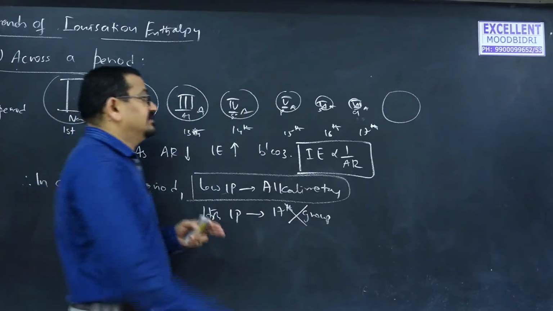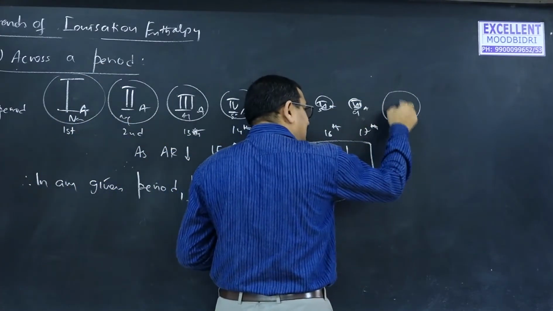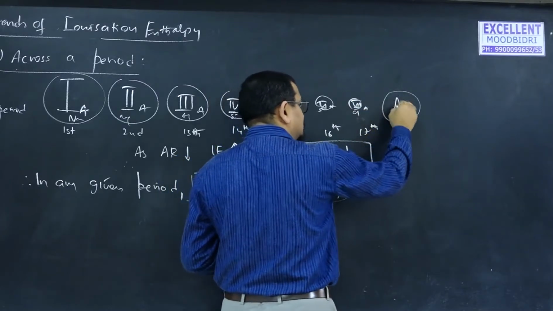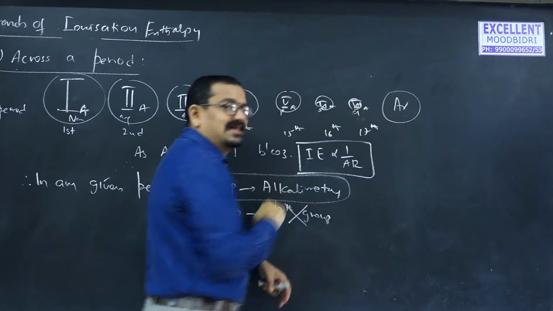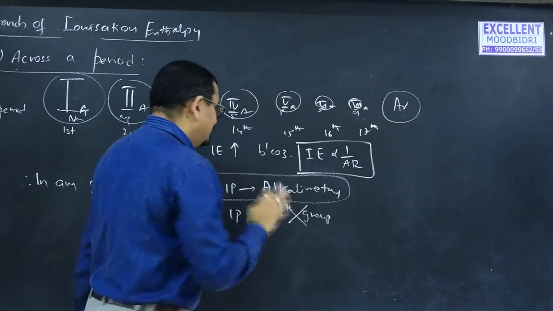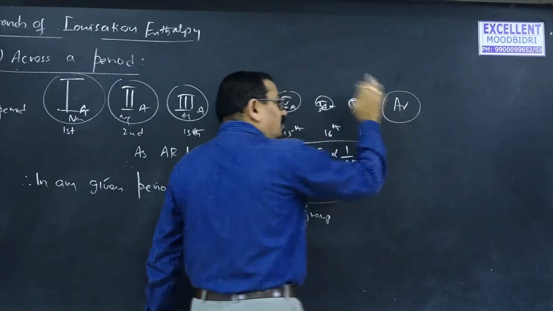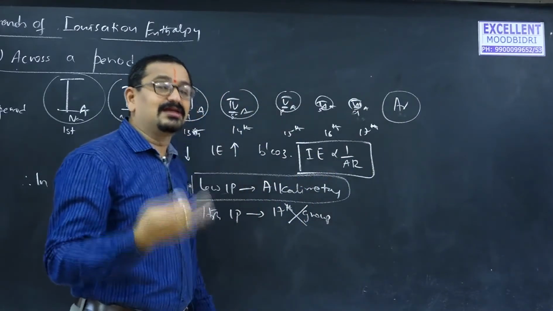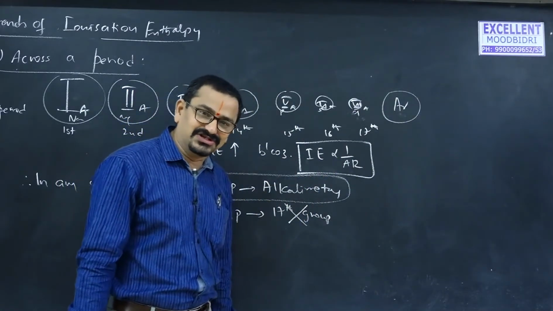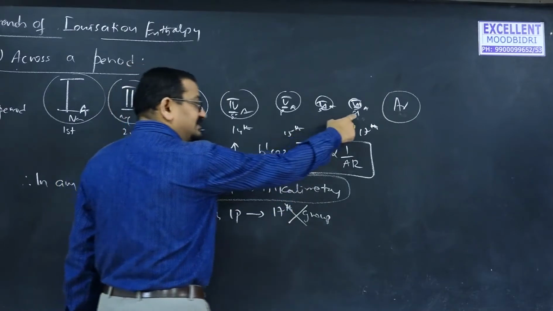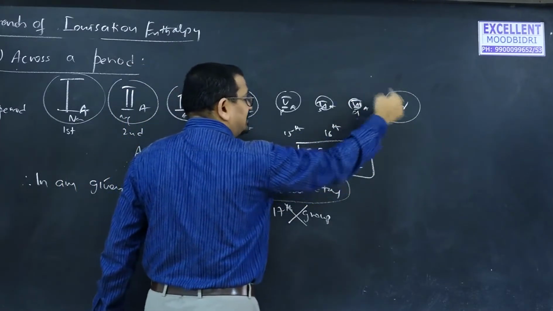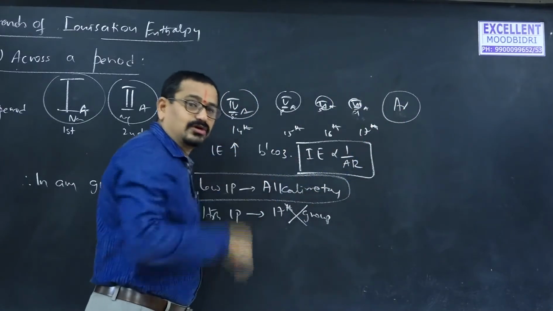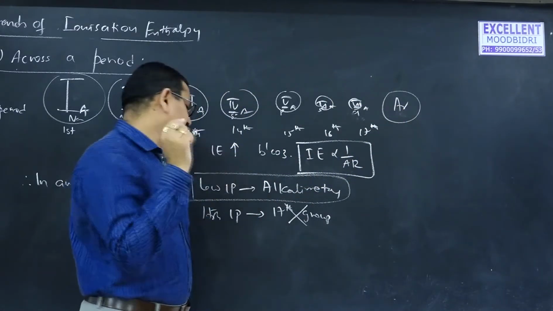You know why? Even though this is larger, the noble gas is argon. Suppose third period elements are considered. Even though argon is larger than the 17th group element, its ionization potential is more than expected because of the stable, completely filled electronic configuration. Understood? So, even though this is smaller, the highest ionization potential will be shown by argon because of its stable electronic configuration.